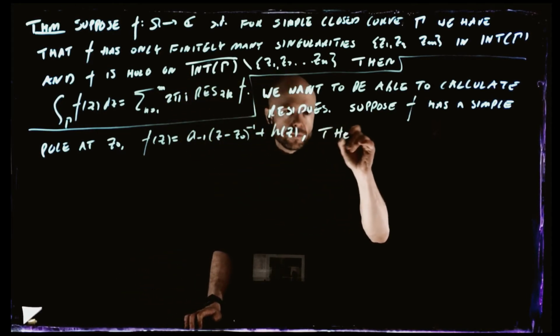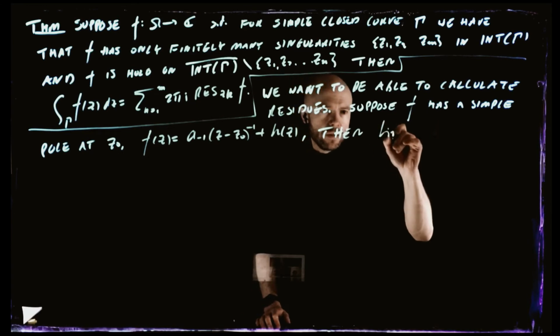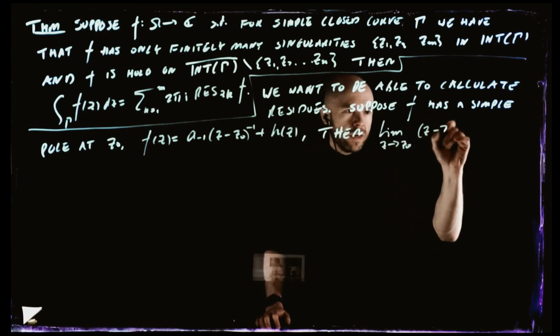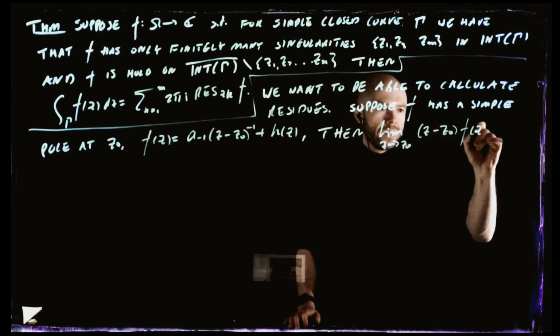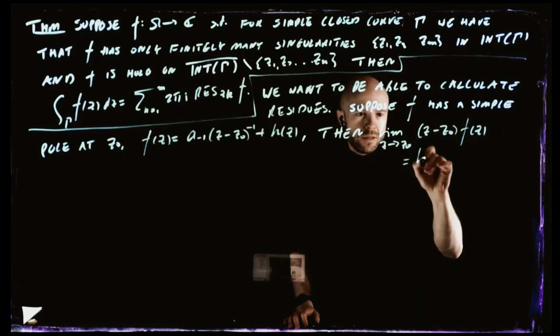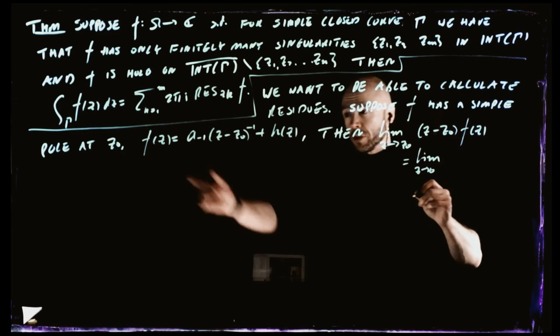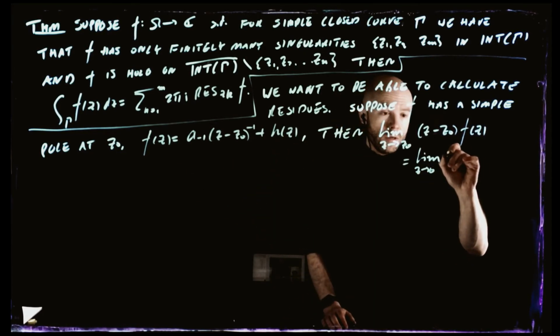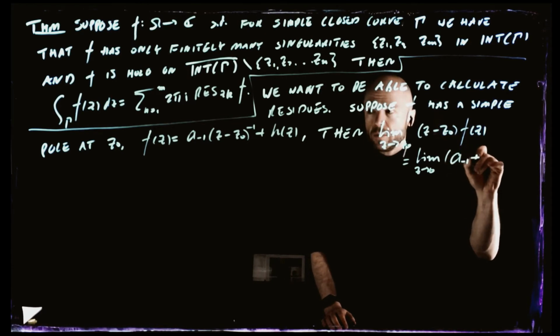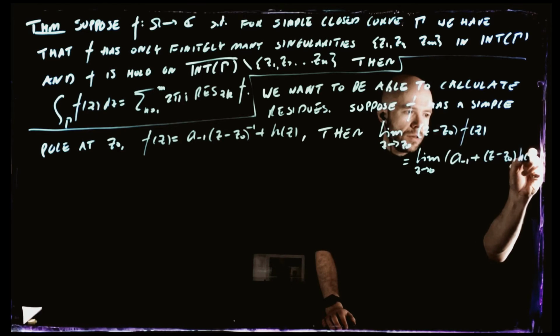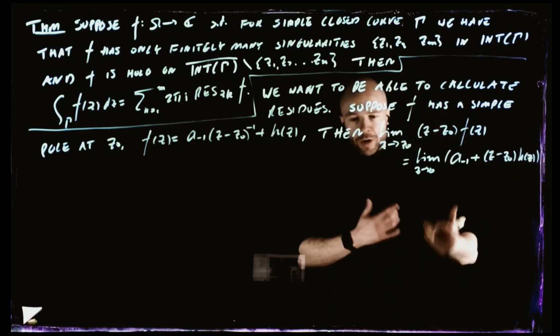Then, if we look at this, let's take the limit as z goes to z0 of (z - z0) times f(z). What happens to this? This is the limit as z goes to z0 of, just multiplying this through, a_{-1} plus (z - z0)h(z). h is a perfectly nice holomorphic function.